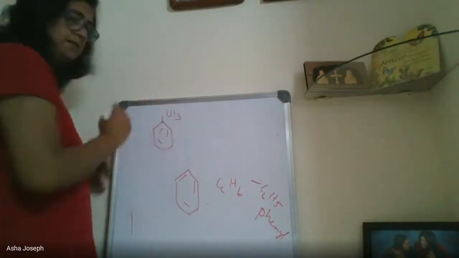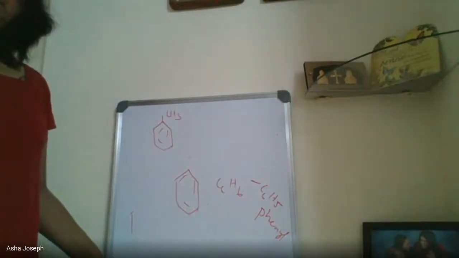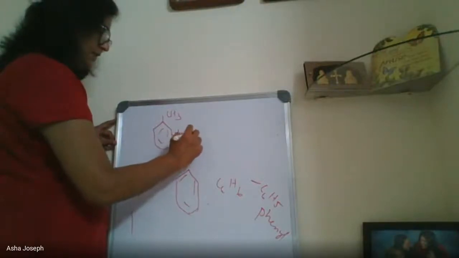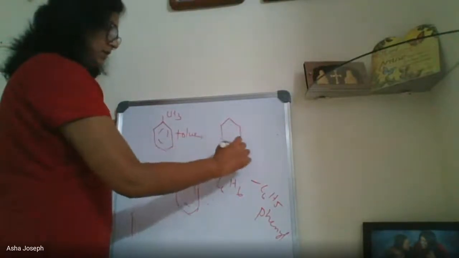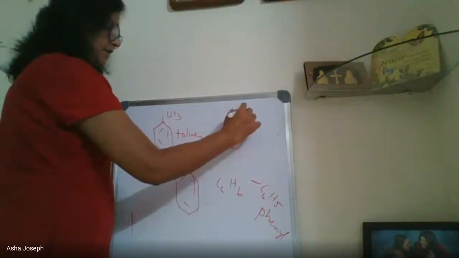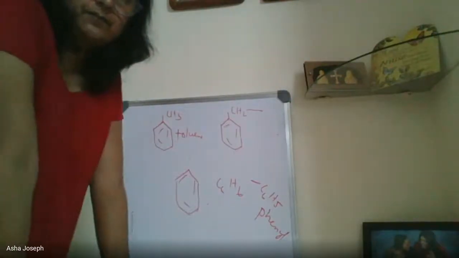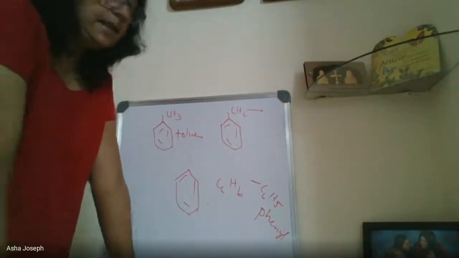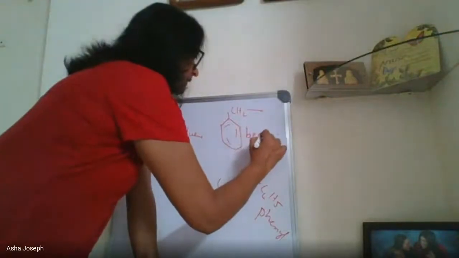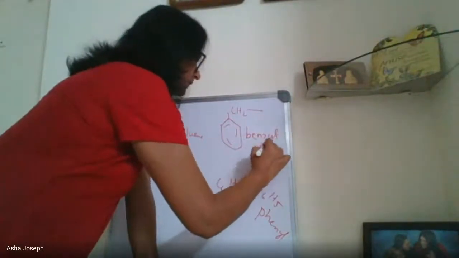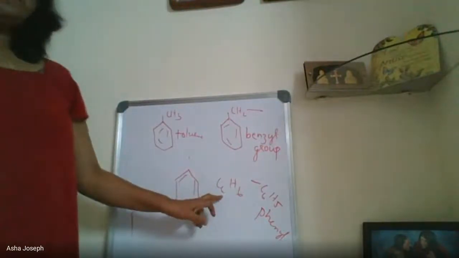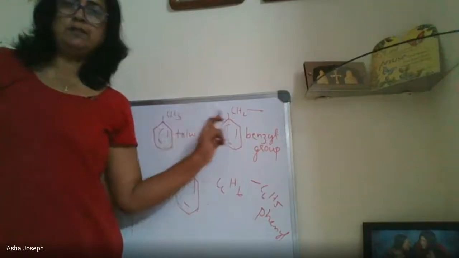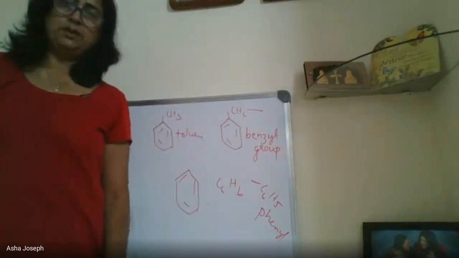Benzyl group. So don't get confused. You may be thinking that if one hydrogen is removed from benzene it is benzyl, but it is phenyl. From toluene, if one hydrogen is removed, it is the benzyl group. Clear?